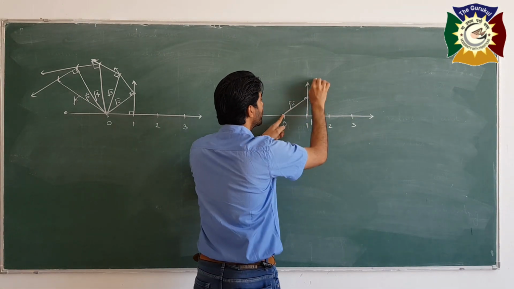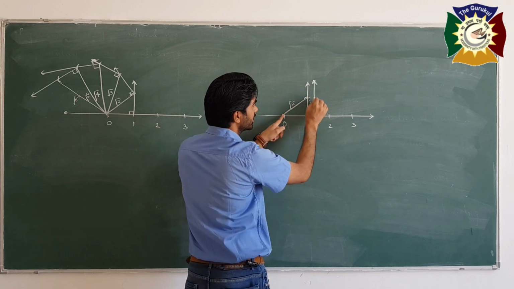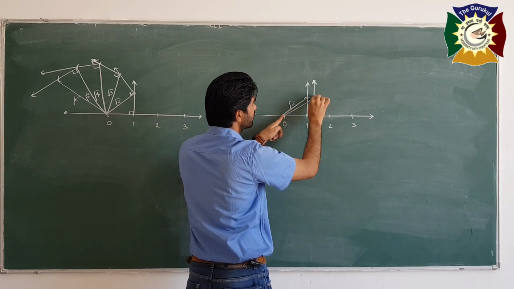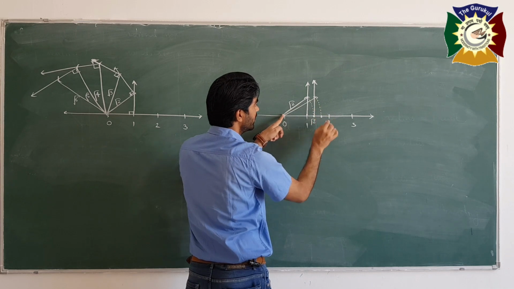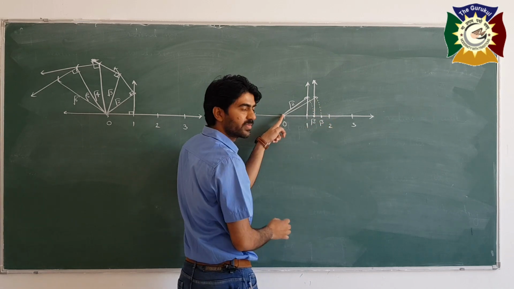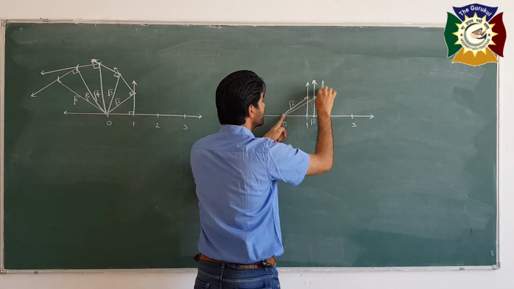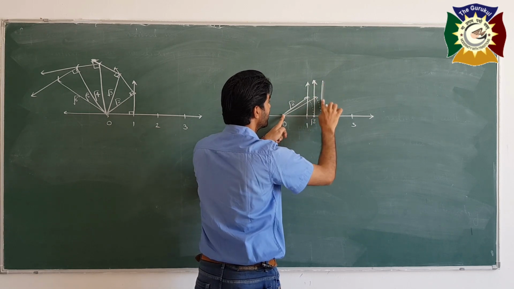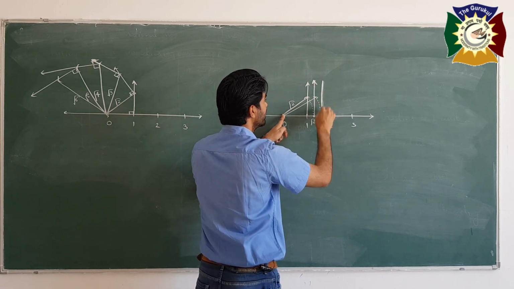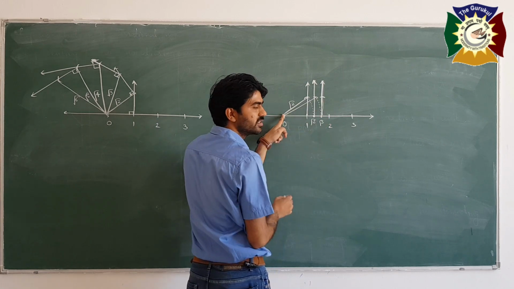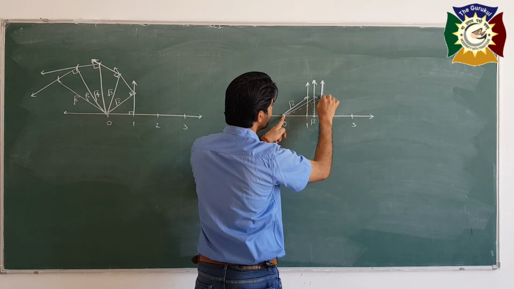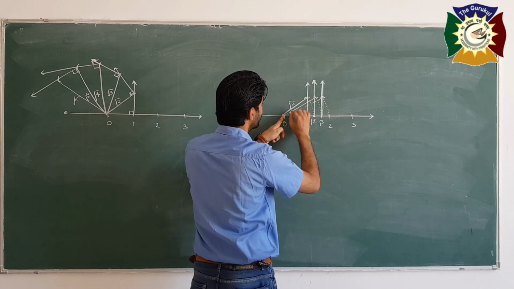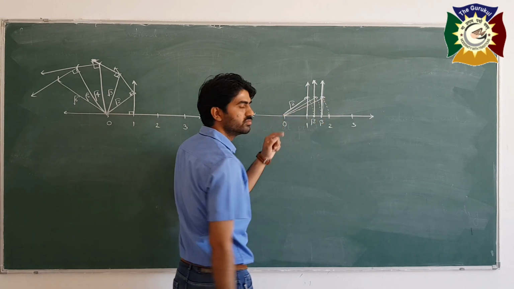Now again draw a perpendicular at this point, cut 1 unit, so this will represent root 3. This will be root 3. Again draw a perpendicular at this point root 3, cut 1 unit, so this will represent root 4 and root 4 is 2.